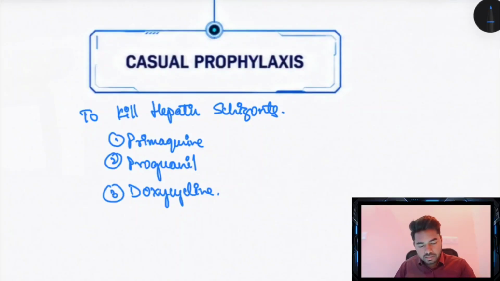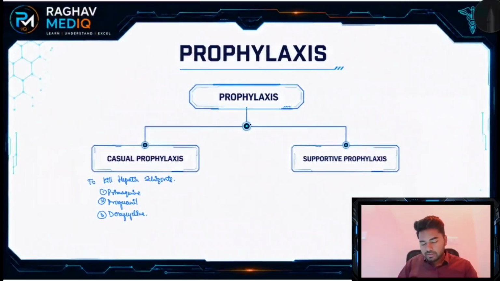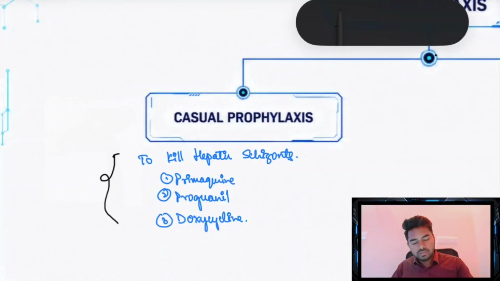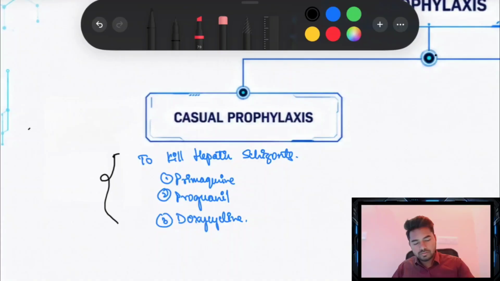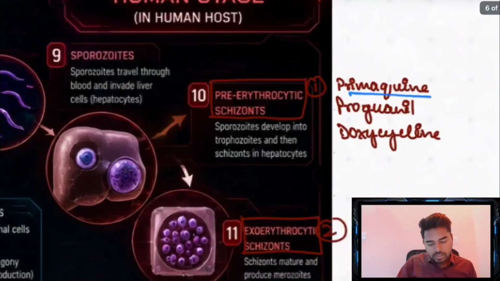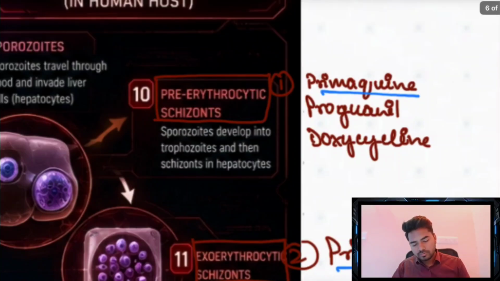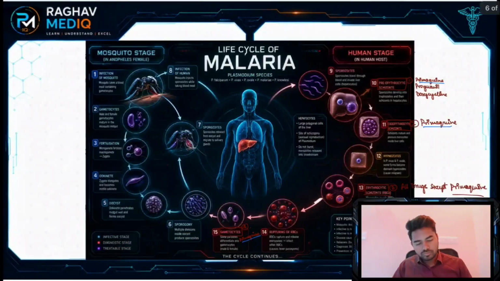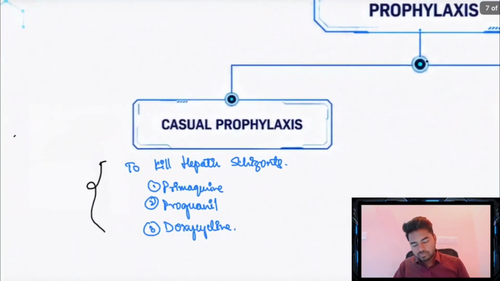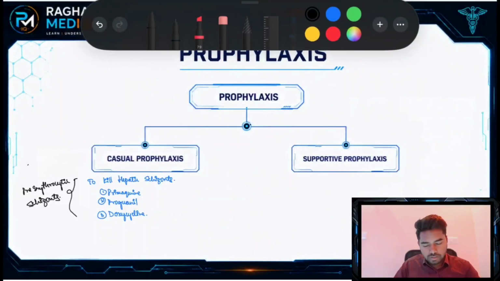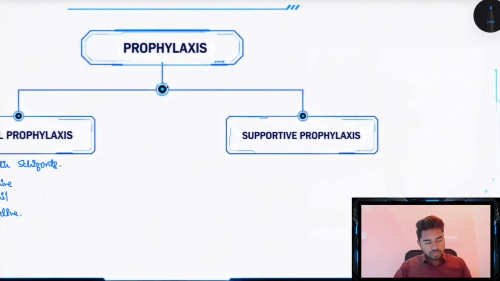If you observe clearly, these are the drugs we use for killing pre-erythrocytic stages.